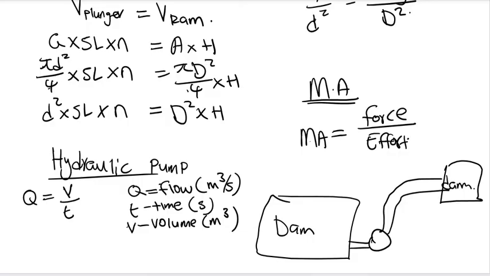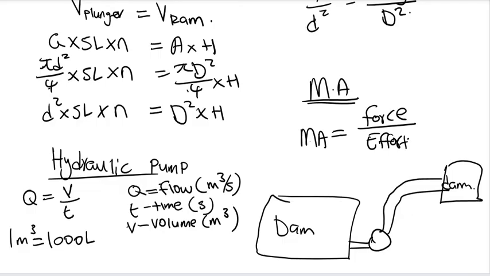Now what you have to remember again is that 1 meter cubed equals 1,000 liters.